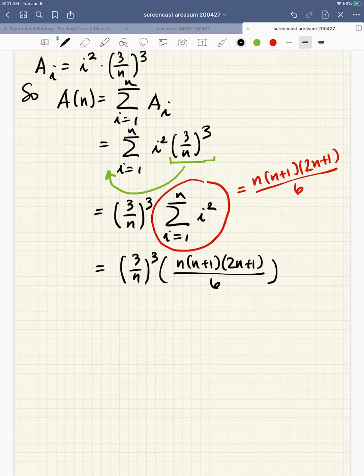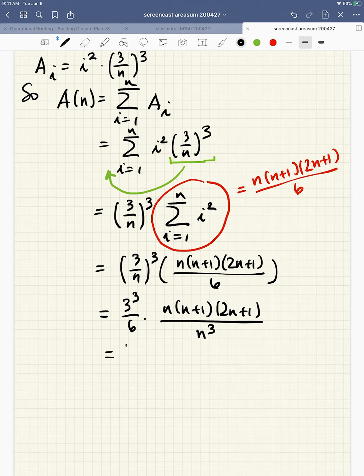So let's just take this one more step. I can't remember where I left it in class today, but this is 3 cubed over 6 times n plus 1 times 2n plus 1 over n cubed. And 3 cubed is 3 times 3, which is 9, times 3 is 27, so this is 27 sixths.